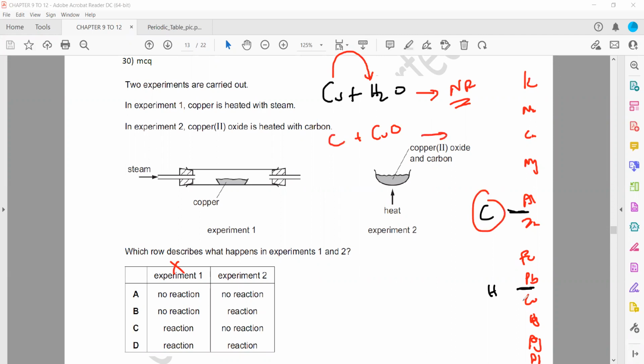Carbon is higher than copper, so carbon can displace copper. As a result, it produces carbon monoxide and copper metal. So in the first experiment there is no reaction, whereas in the second experiment a reaction will occur. The more reactive element always displaces the less reactive element from its compound.